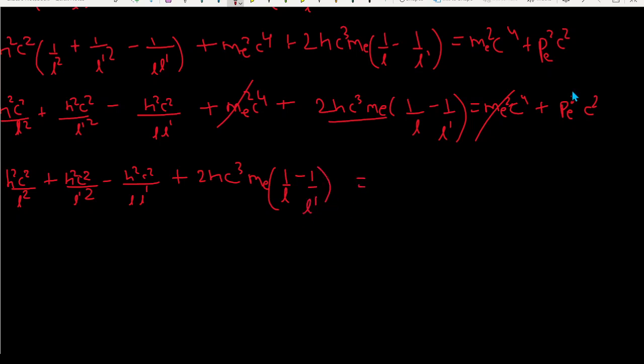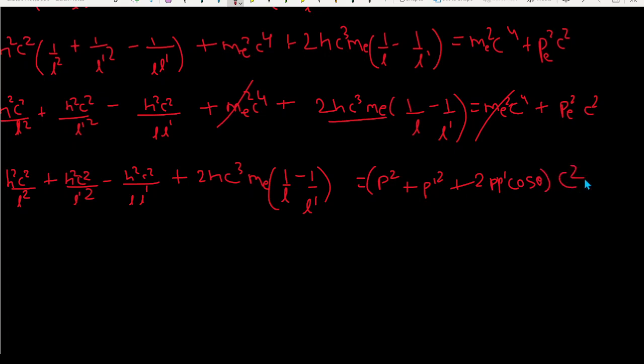Now what's the value of p square? It is equal to the momentum, p square plus p dash square plus 2pp dash cos theta, and obviously into c square.